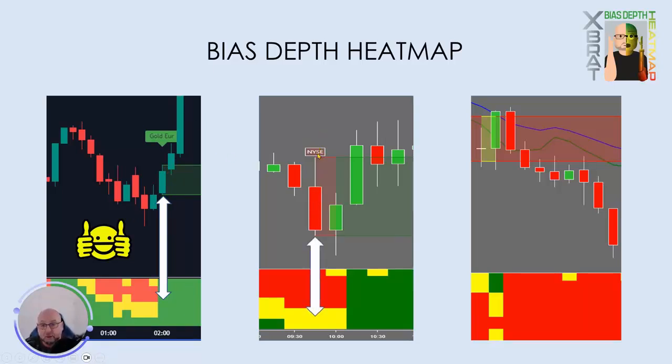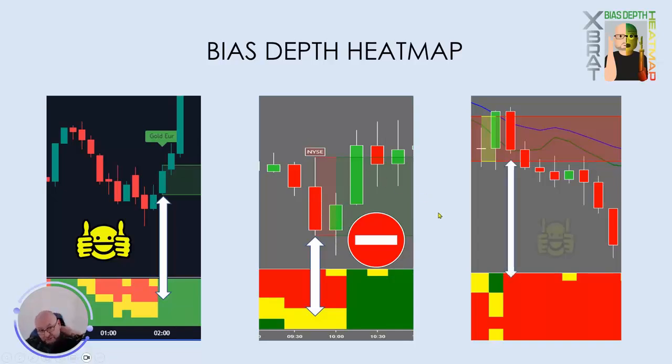Conversely now, we get a New York Stock Exchange open. This bias is defined as red, as you can see on the chart, but the BIAS Depth Heatmap, 2 of those 6 time frames are neutral. We simply don't take the trade. And this is what happens. We go down a little bit, but then it reverses.